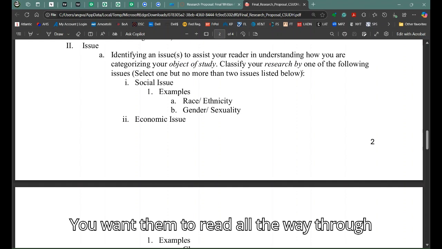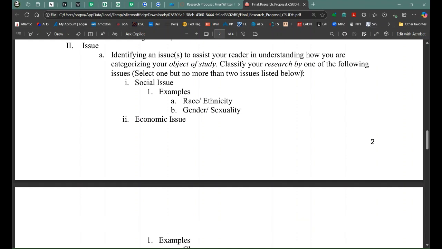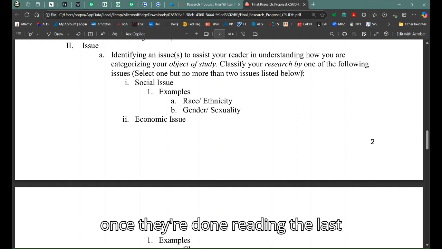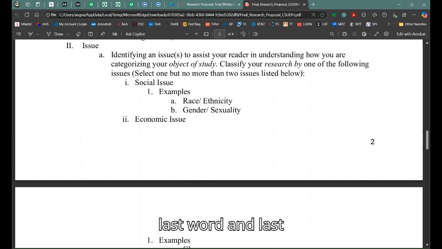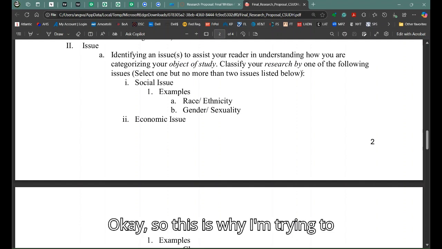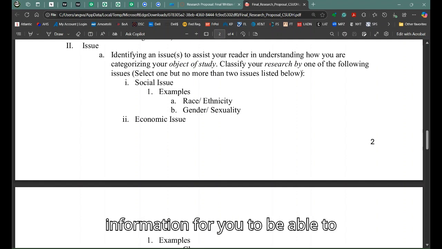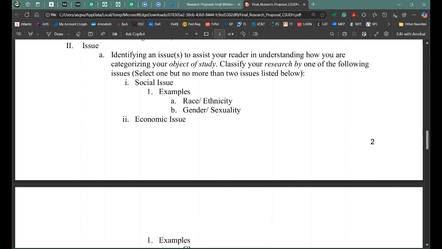You want them to read all the way through, to the last sentence, the last word and last period of your manuscript, and then determine how they're going to evaluate your essay. This is why I'm trying to provide as much detail and information as I can for you to accomplish those goals.